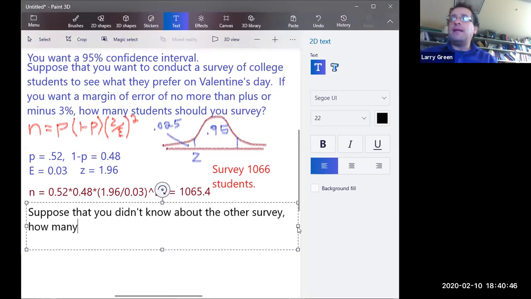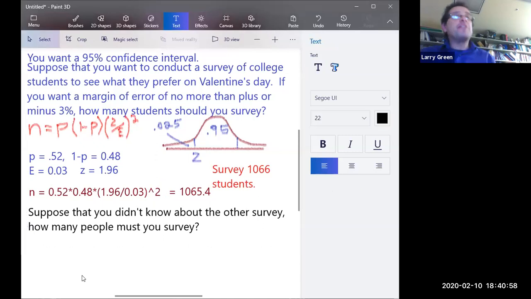How many people must you survey for the same question, with a margin of error of plus or minus 3% and a 95% confidence interval?